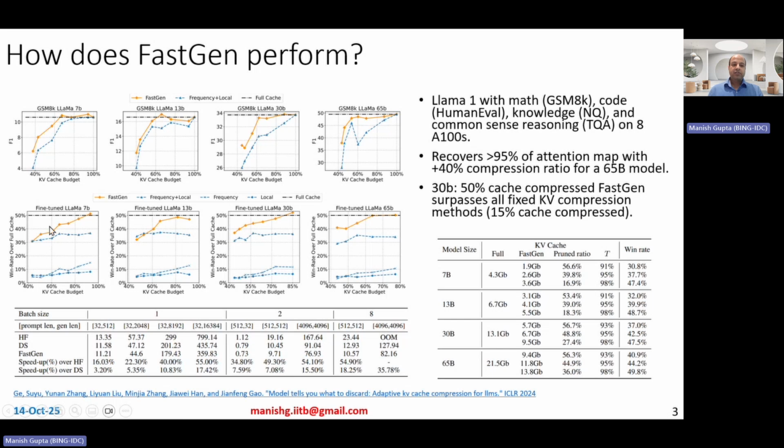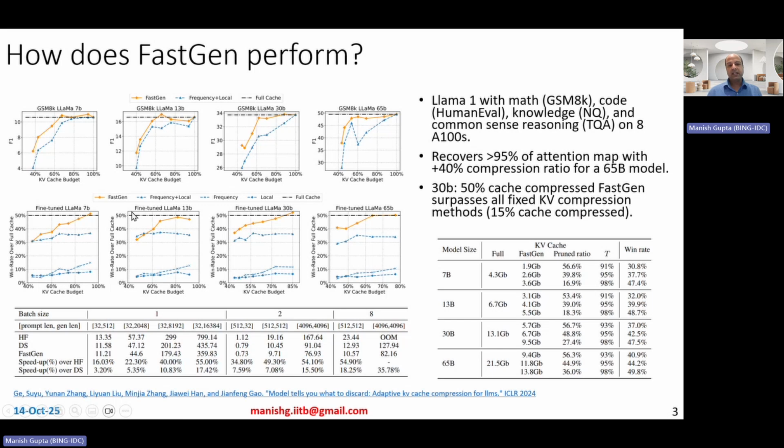The same kind of results also hold when you look at the fine-tuned Llama 1 model. These are results on the fine-tuned Llama 1 model averaged across all 4 tasks. Again, results are presented for the 7 billion, 13 billion, 30 billion, and 65 billion models. Here you see results for FastGen compared with the individual policies themselves as well, frequency, local, and frequency plus local, besides full cache.